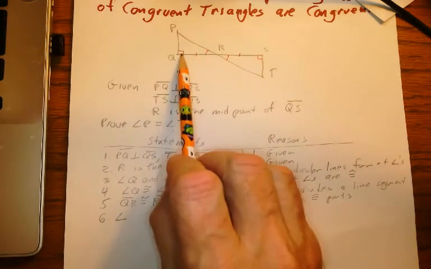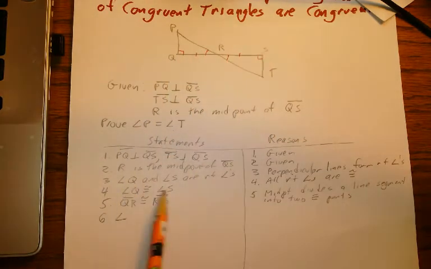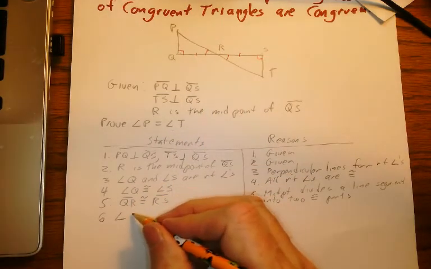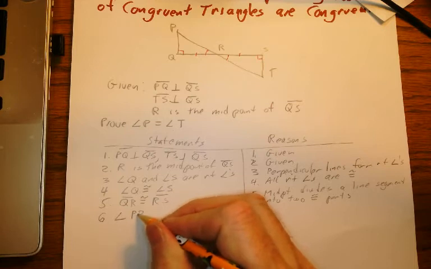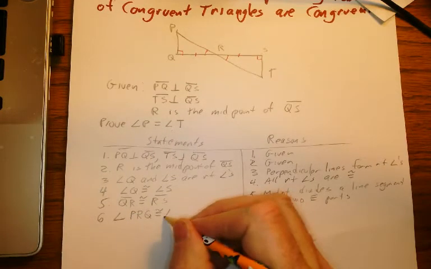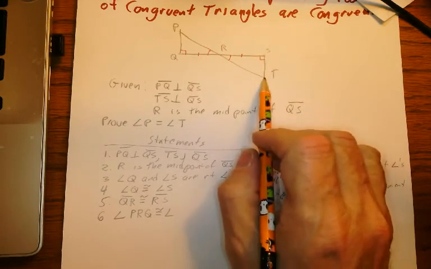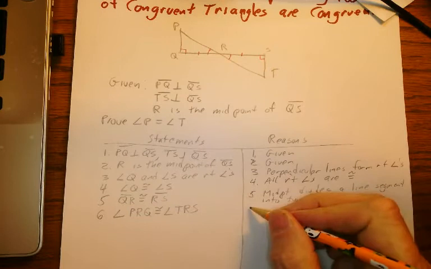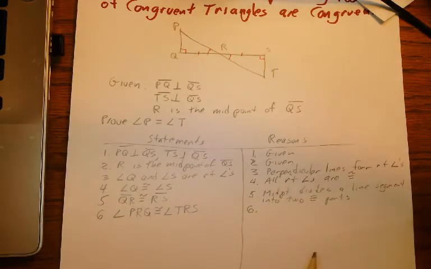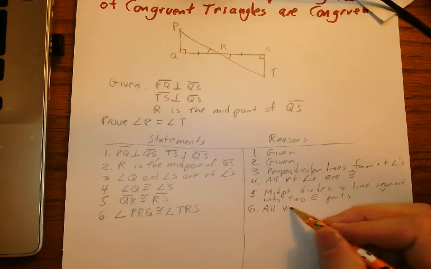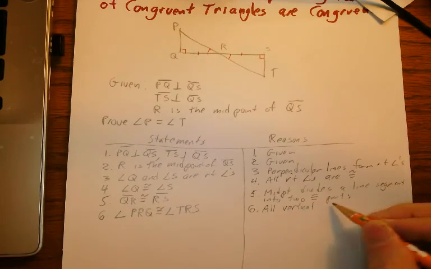Notice on angle Q and angle S, I was okay to use one letter, but here I have to use the three-letter name. So I'm going to say angle PRQ is congruent to angle, the one on this side is TRS. And why did I mark them congruent? Vertical angles. All vertical angles are congruent.